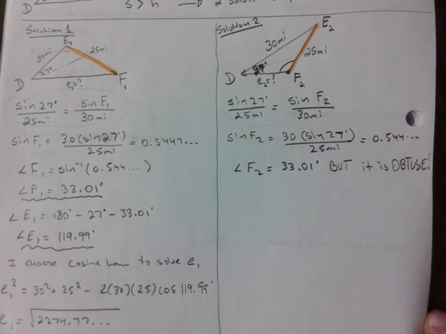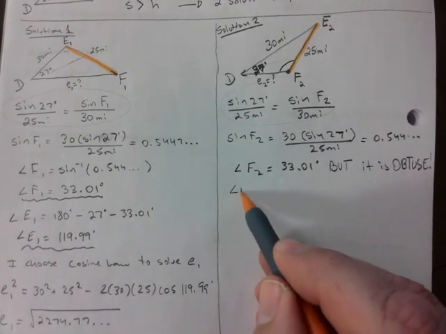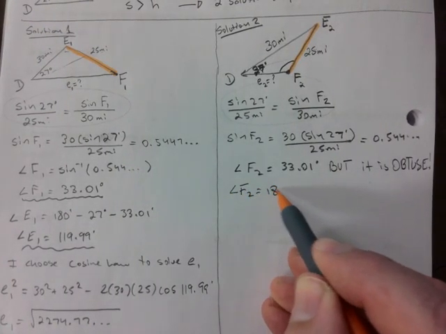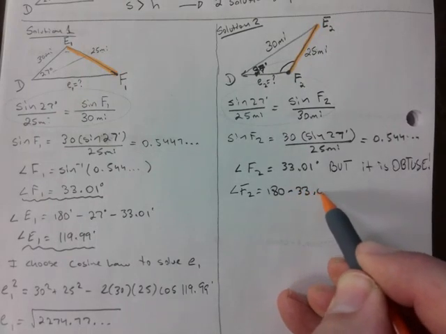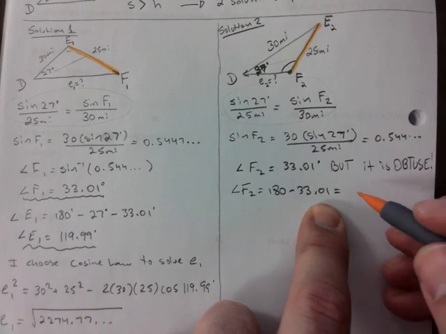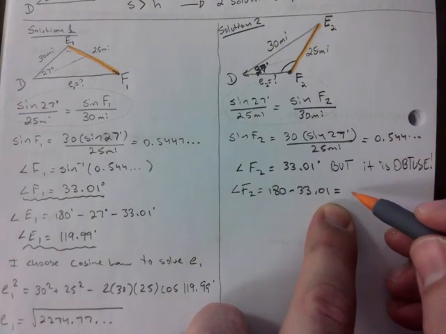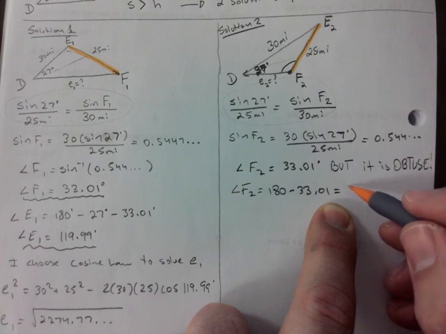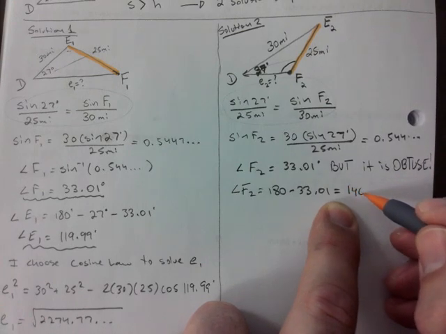So I can't have that. I know that F2 is going to be the supplement of that. And this is the problem with sine law. It doesn't know the difference. So we need to come in there. So that is 146.99.